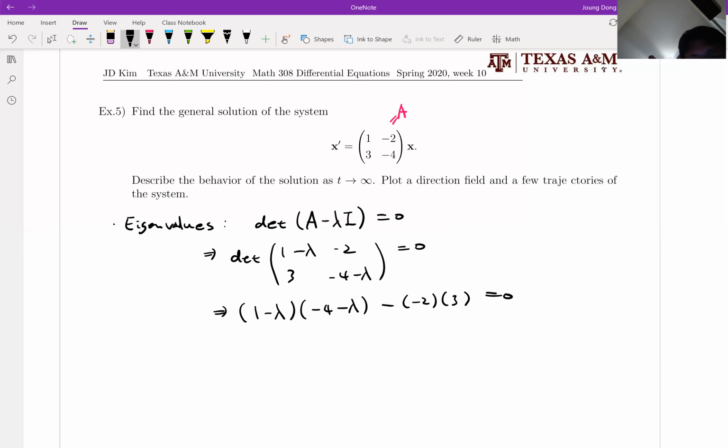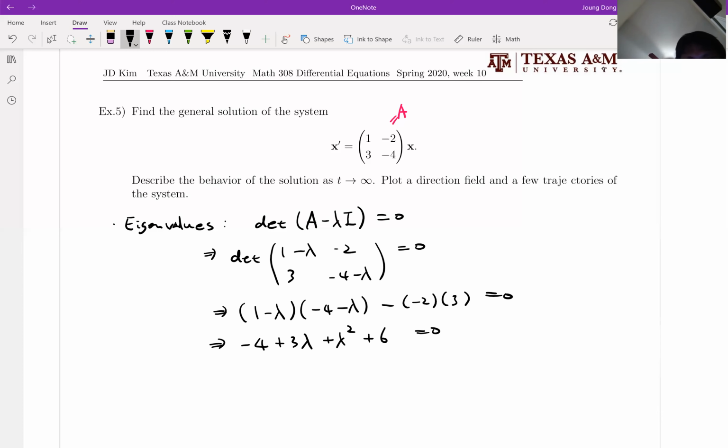From this, you will get a quadratic equation: -4 and +4 and -1, which is plus 3 lambda, and lambda squared, and this is 6.